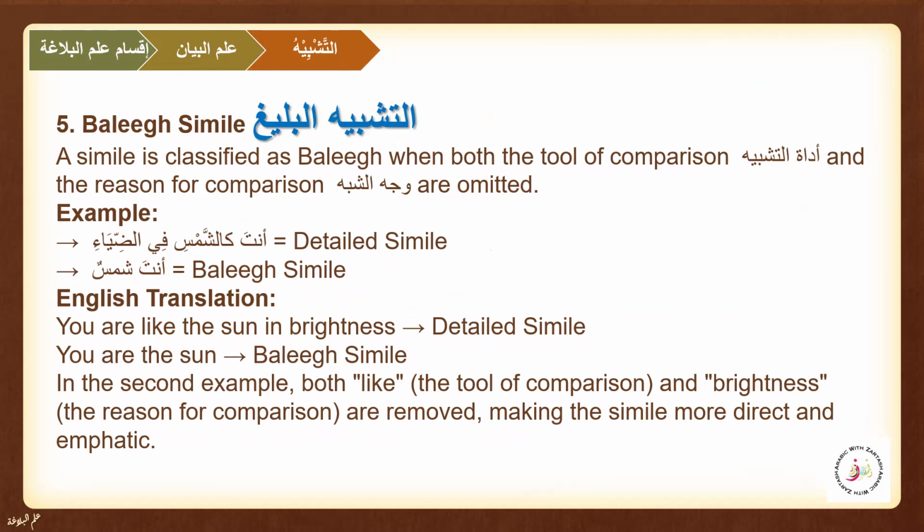Then we learned that there is a tashbih baligh, and that tashbih is when both the tool of the comparison, the adatu tashbih, and the reason of the comparison, the wajh shabah, are omitted, that is, removed. That is called the tashbih al baligh.